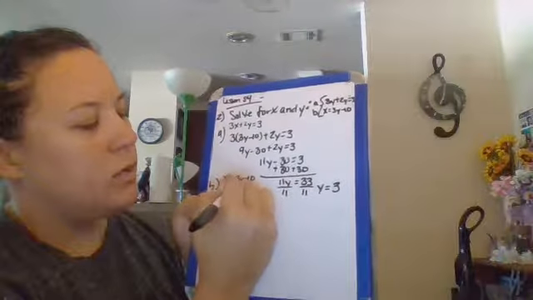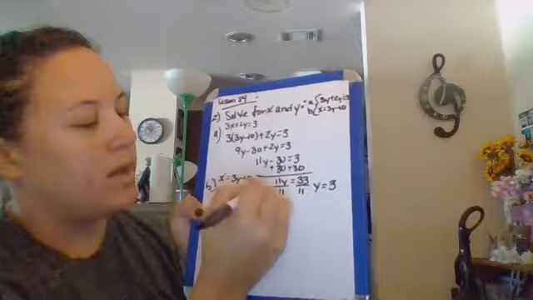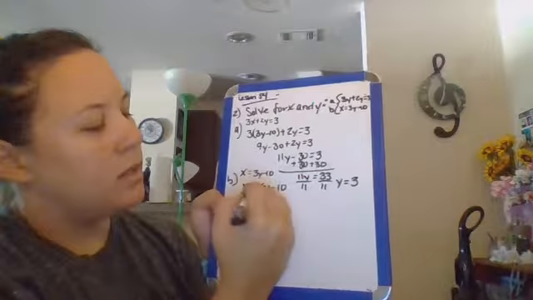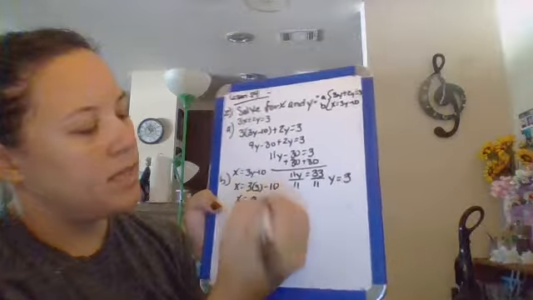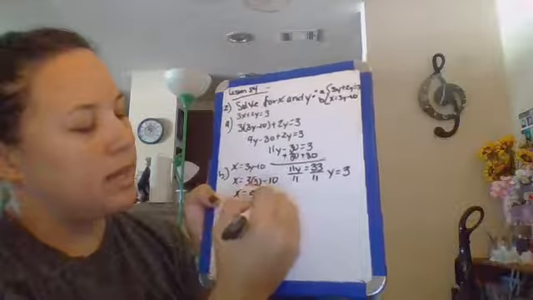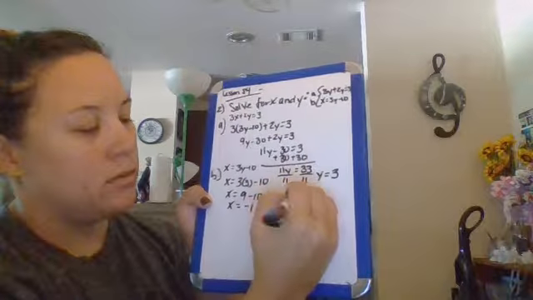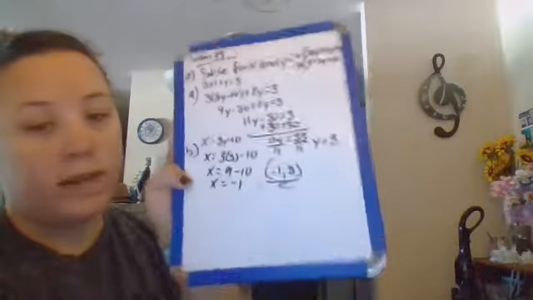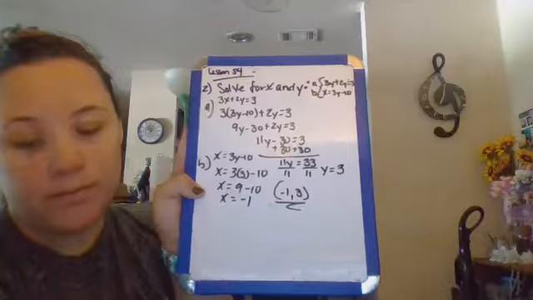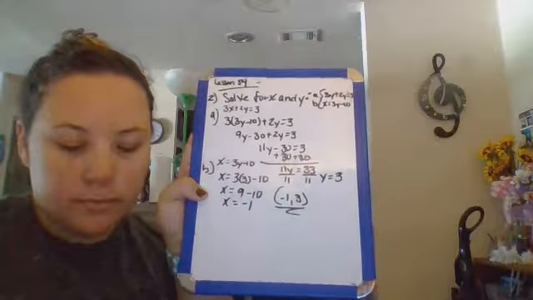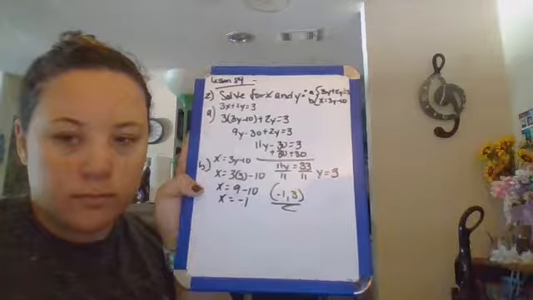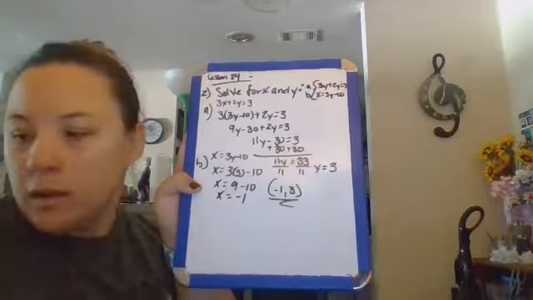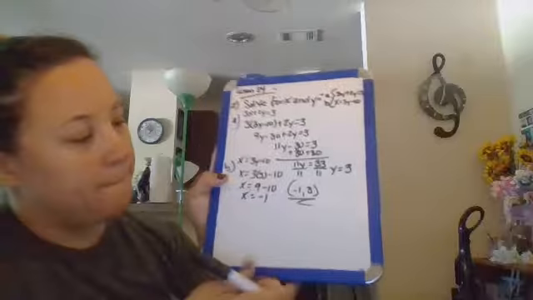So x equals 3 times 3 minus 10. X equals 9 minus 10. X equals negative 1. Negative 1 and 3 are my ordered pair. And we will do one more.